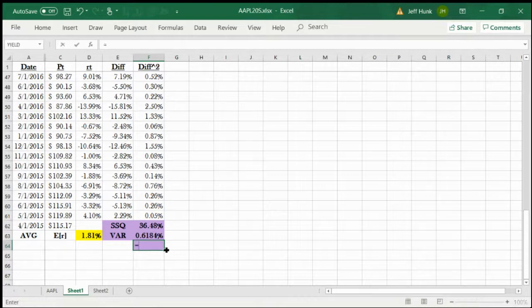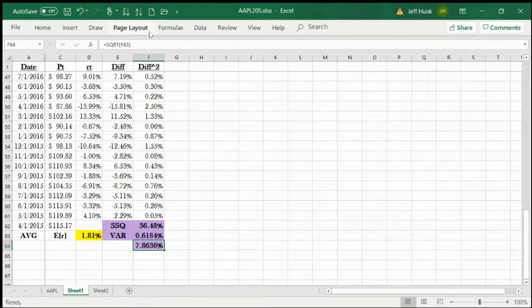So all I need to do is, how do you take the square root of that? Either SQRT, that's the square root command, or you raise it to half power. Remember, square root is x raised to half power, right? So if you take the square root, okay, that's what it is.